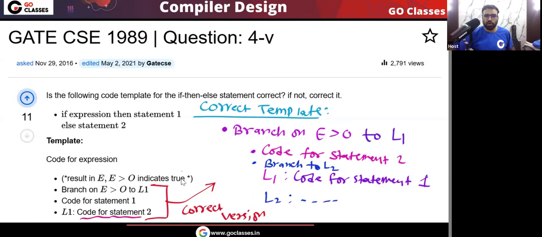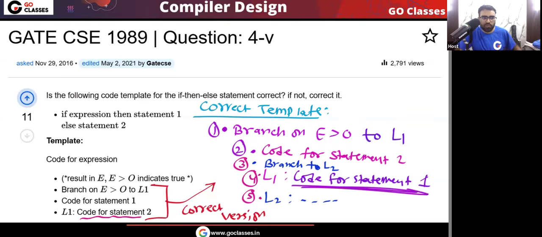This is the idea. I hope you understood this point. So remember, this will be the first instruction, this will be the second instruction, this will be the third, this will be the fourth, and this will be the fifth instruction. So this is the correct template. In this template, we are saying that if E is true, then you jump to L1, and L1 has code for statement 1, because if the expression is true, we need to execute statement 1.